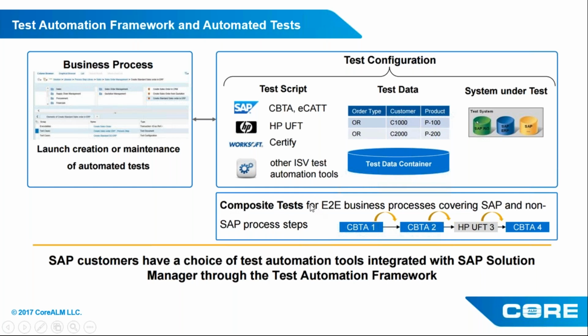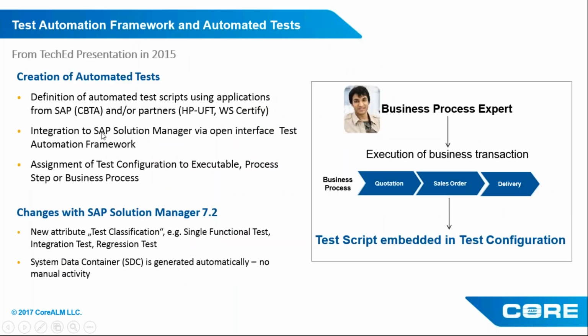So a composite test takes individual business process tests and puts those together in a composite test. So you'd have maybe, for example, CBTA 1, CBTA 2, then an HP UFT, and then a CBTA 4. So after the test configuration is built and assigned, then the business process expert.